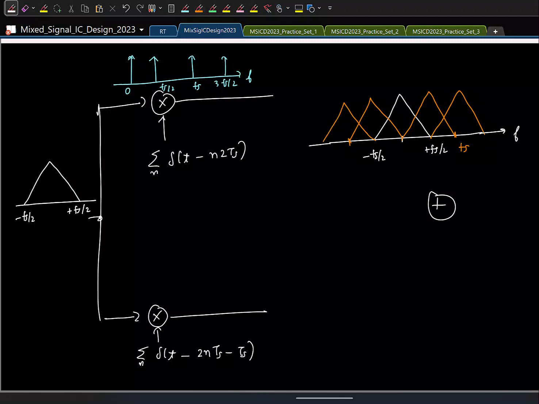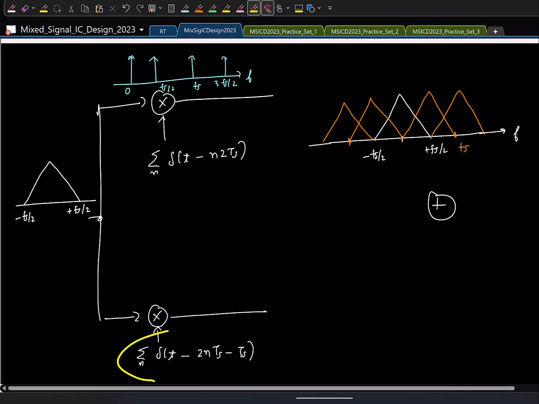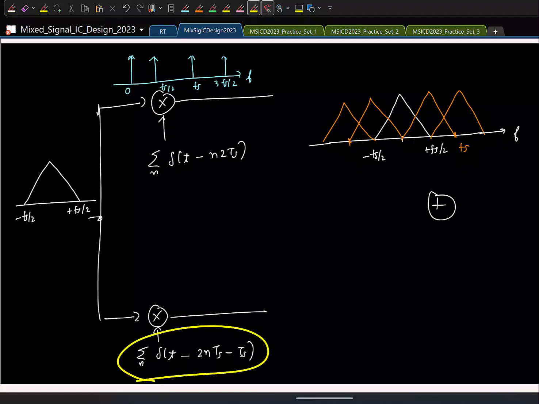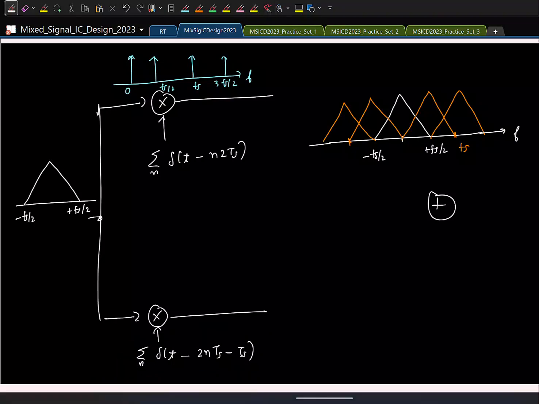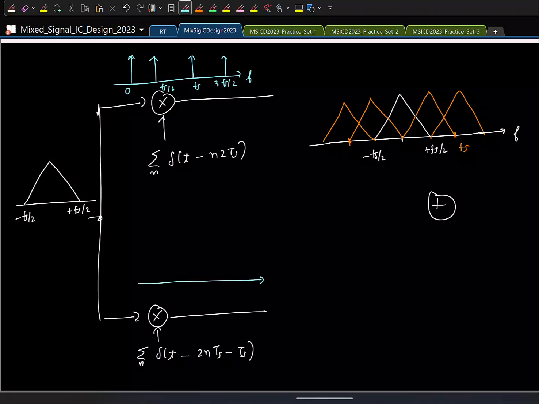Okay. Now let's see what happens in the bottom branch. In the bottom branch, again I have a train of impulses. If I look at the spectrum, what will it look like? A periodic train of impulses. Let us say I call this p delta of t. How can I write this in terms of p delta of t?